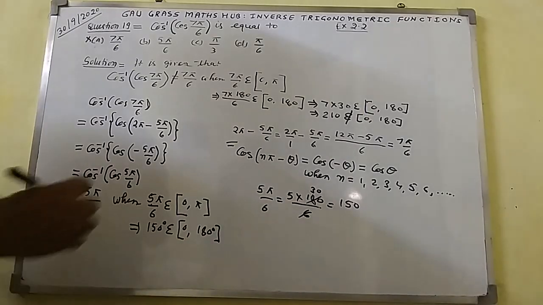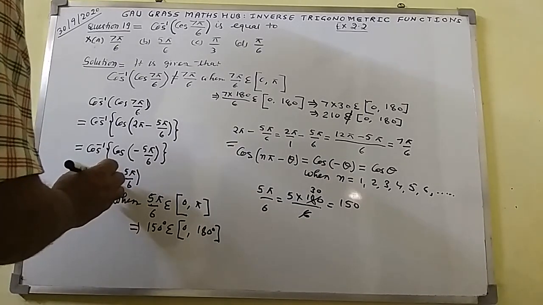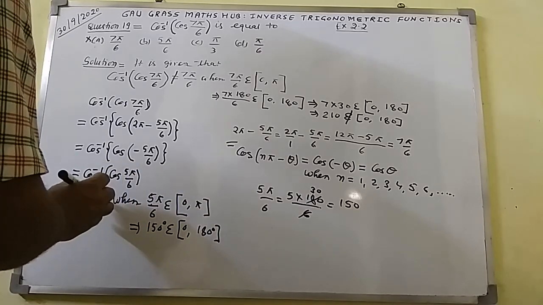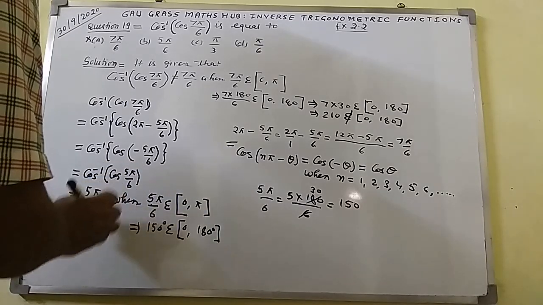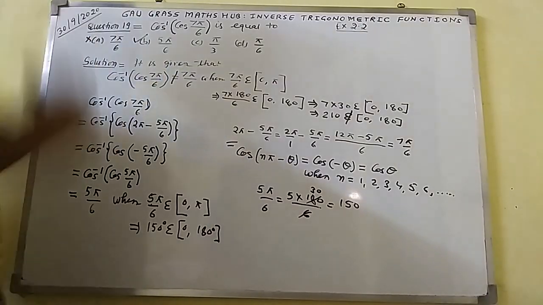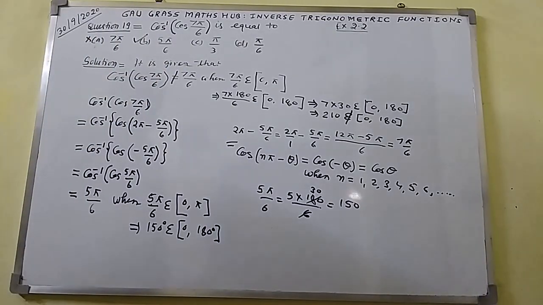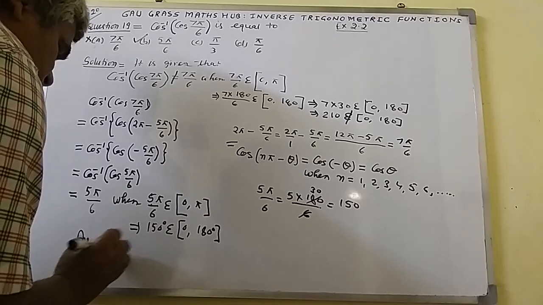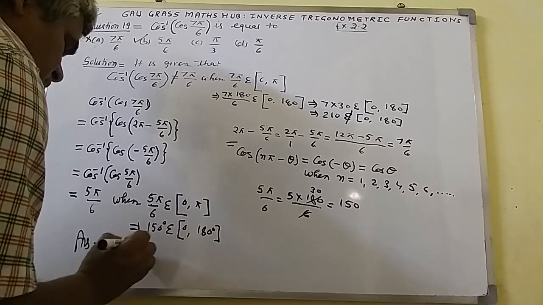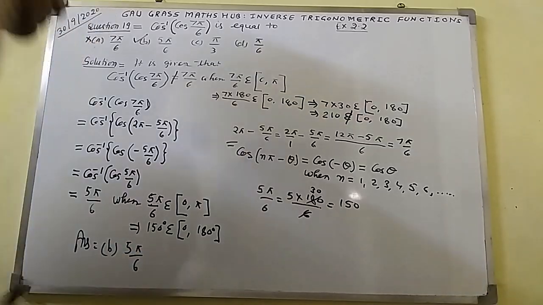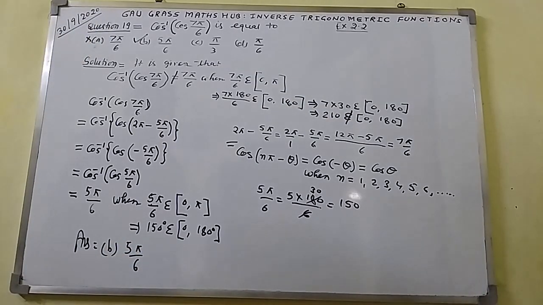That's why cos inverse cos 5 pi by 6 equals 5 pi by 6. The answer B will be the correct answer. So here you can write answer equals B, 5 pi by 6.